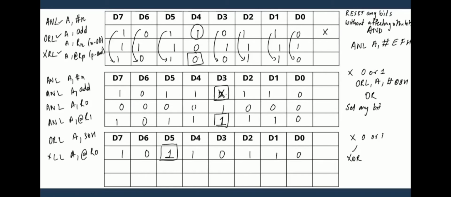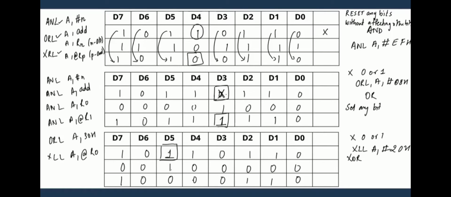That is 1 XOR 1 is 0, 0 XOR 0 is 0. But 1 XOR 0 is 1, 0 XOR 1 is also 1. Then 0 XOR 0 is 0, 1 XOR 0 is 1. D4th is 1, 1 XOR 0 is 1.